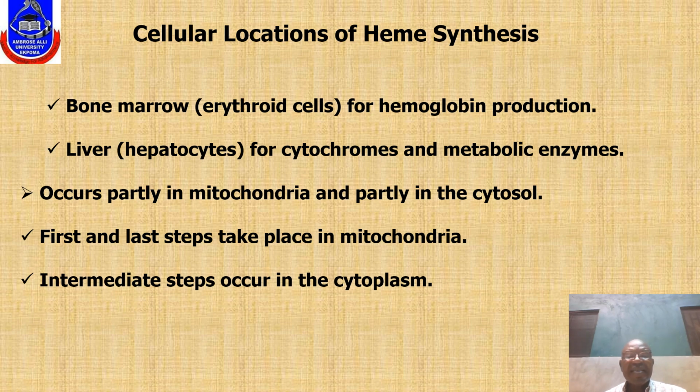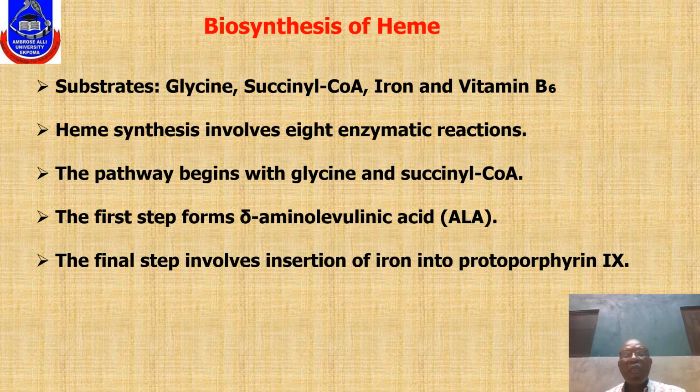The first and last steps of heme synthesis take place in the mitochondria, while the other intermediate steps occur in the cytoplasm. Now, enough said about the preambles to heme biosynthesis. Now, let's look at the biosynthesis of heme.